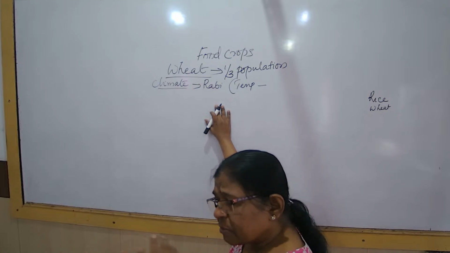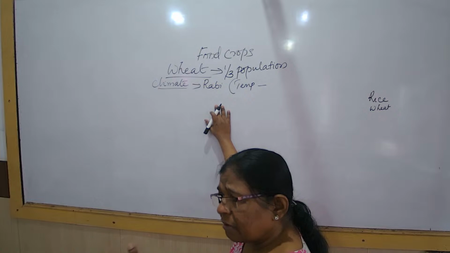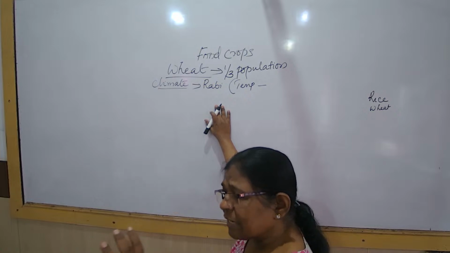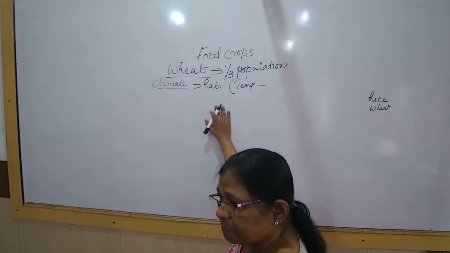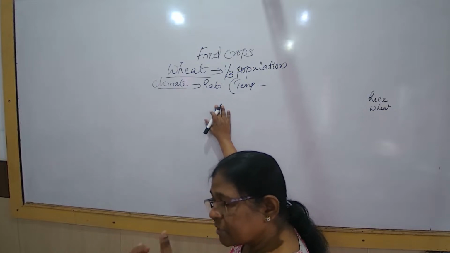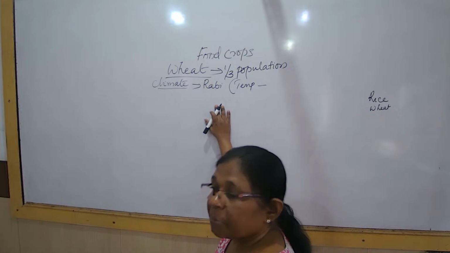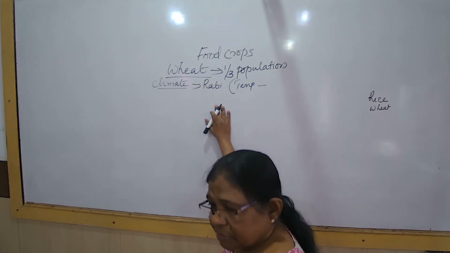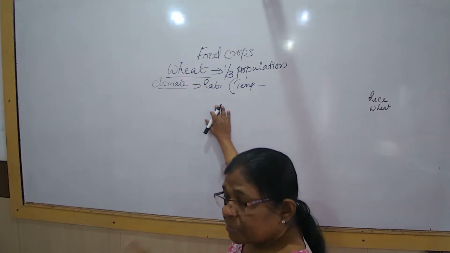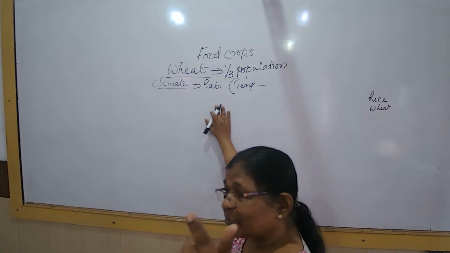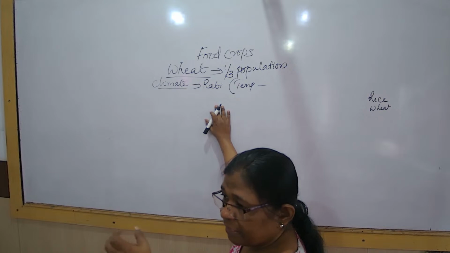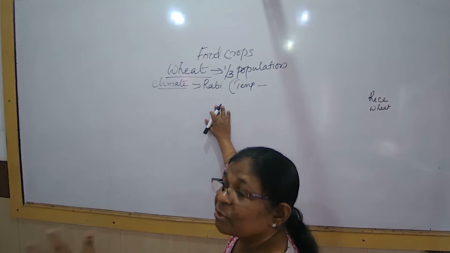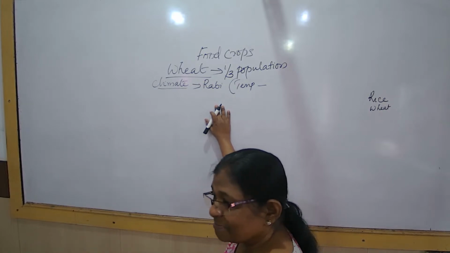Now wheat is grown in South India too, where mostly the kharif season is there, but in some places we are able to grow wheat. That is not like North India, because in Maharashtra, for example, we don't have an exclusive winter.